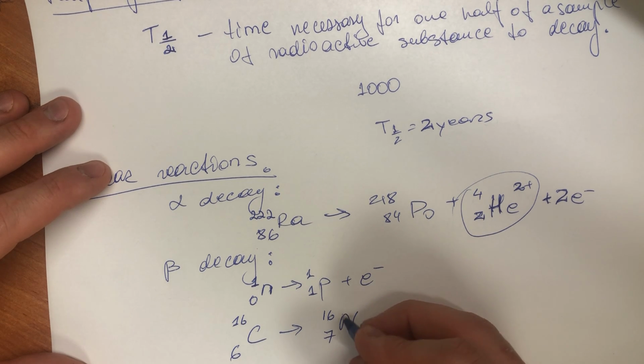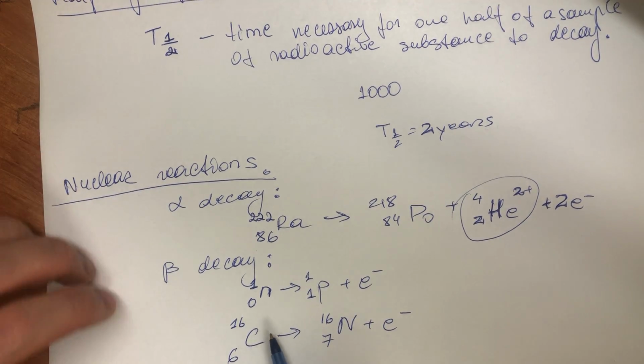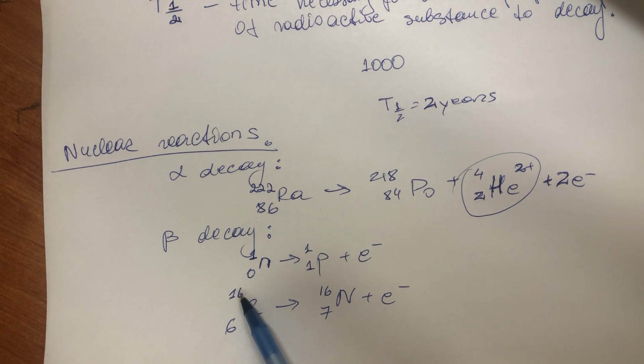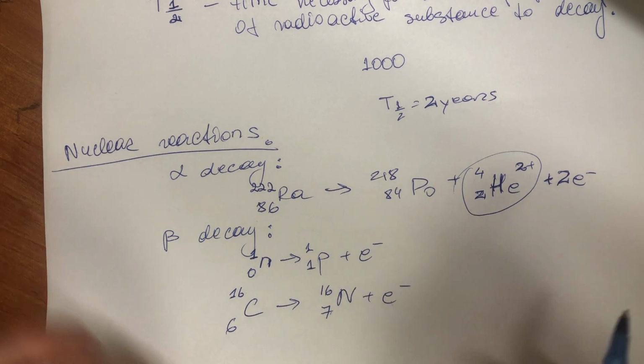It decays into nitrogen plus an electron, because one neutron has decayed into a proton and an electron. So the mass number here stays the same, but the proton number increases, and an electron is produced.